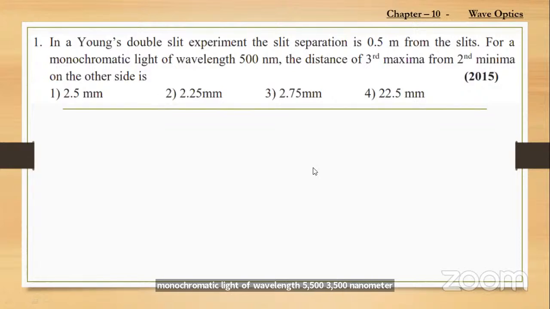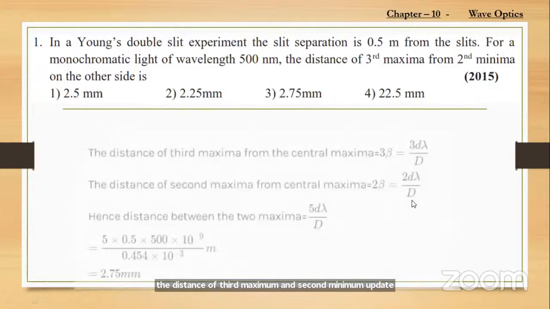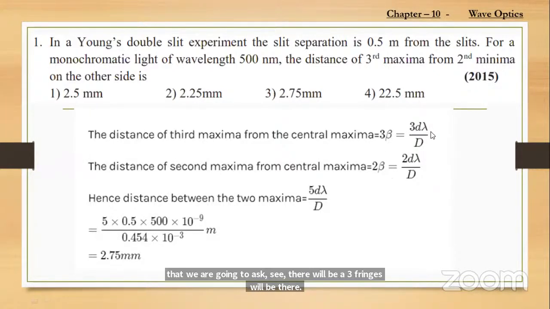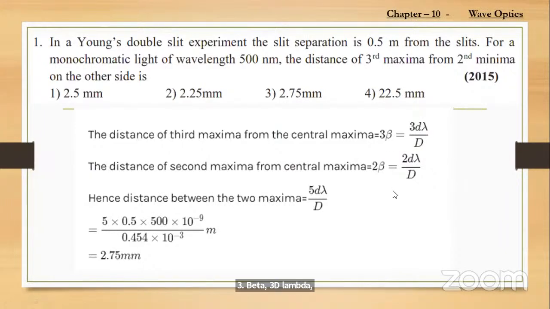The fringe width in Young's double slit experiment is beta equal to lambda D by d.